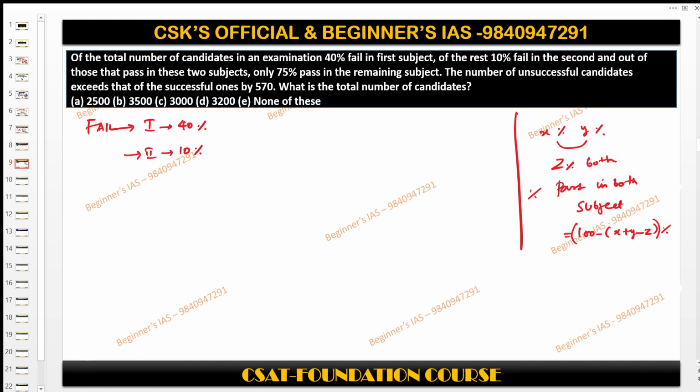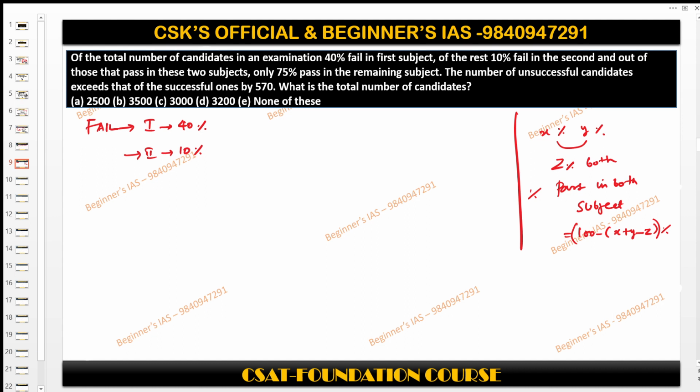Okay. So now, what is the case with respect to the second one? 90% pass, isn't it? Yes, sir. Okay, fine. Listen very carefully.